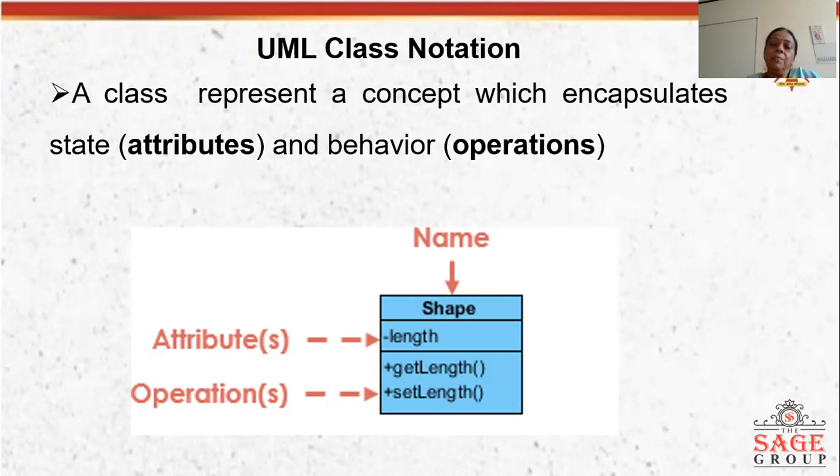Means every event or everything described on a page, you can simply draw and represent with the help of a diagram. So how to represent a class with the help of a UML diagram, we can see here.